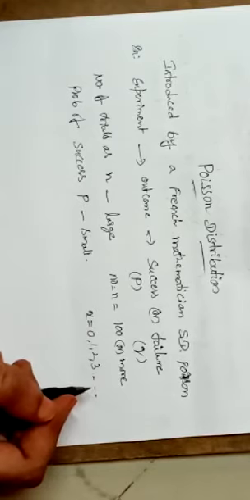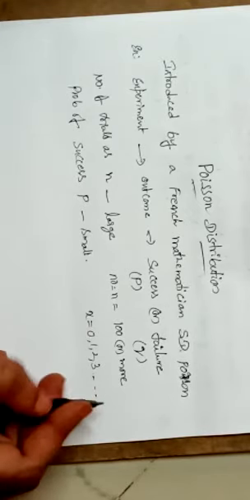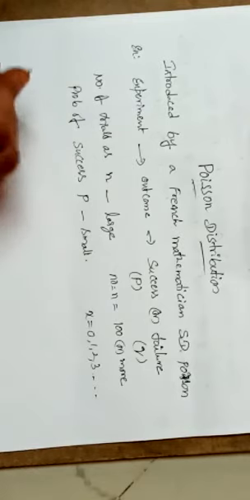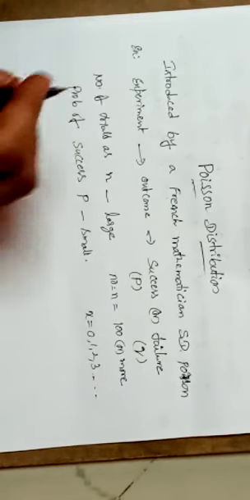So this counting is related to the discrete variable. Whenever it is not related to counting and is related to an interval type, it comes under continuous variable, as in the previous lecture.